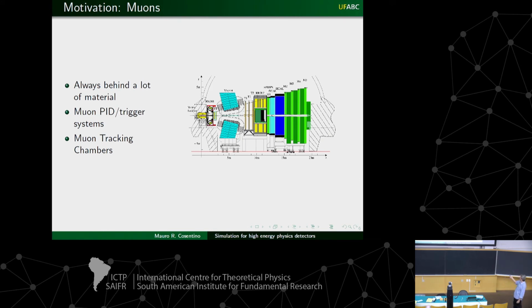So if ever you see any signal in here, it must come from a muon, right? So this is why, in general, when you see muon detectors, they are the last one in a stack, right? So you have several things in the middle. You have tracking, you have calorimetry, you have coils for magnetic field or whatever, and then you have these guys, right?